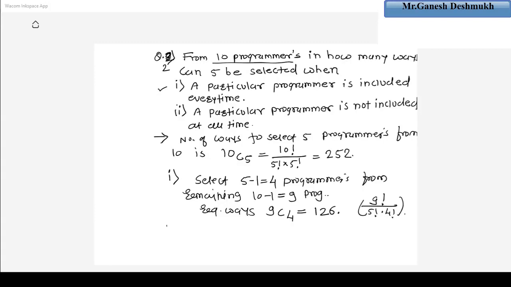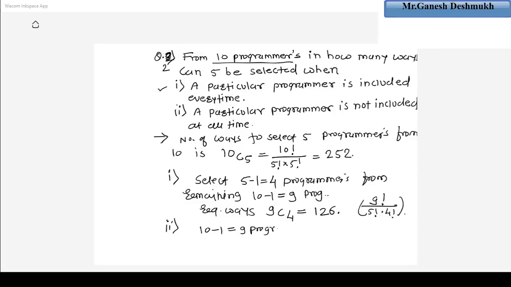Now let's move to the second part of the question. It says a particular programmer is not included at any time. We need to select 5 programmers, but that programmer should not be in the team of 5. So we need to select 5 programmers from 10 minus 1, that is 9 programmers.